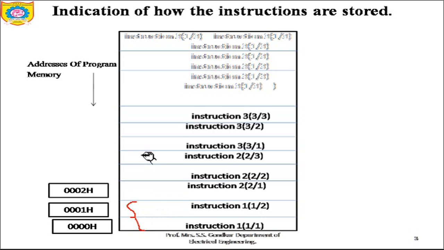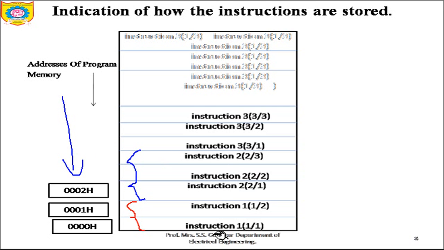On similar terms, instruction 2 requires 3 locations. Why? Because instruction 2 was longer than instruction 1, and on similar terms we have stored the different instructions. These are nothing but the addresses of program memory.